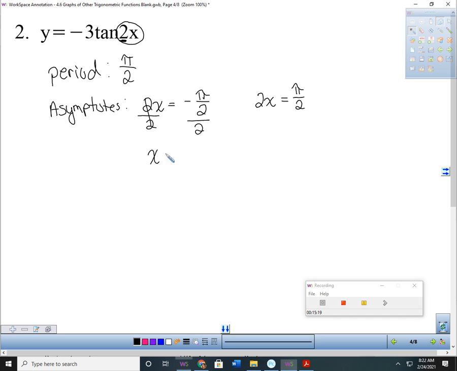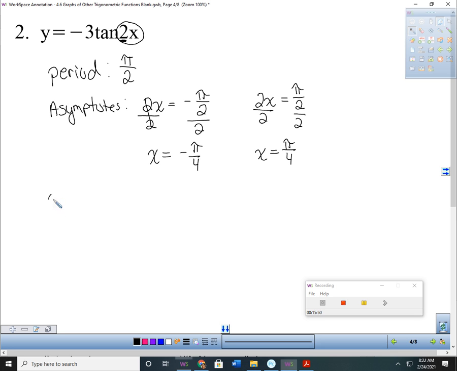So negative pi over 2 divided by 2 would be negative pi over 4. And then same thing over here, divide by the 2, and you get positive pi over 4. And I will point this out, until you start adding and subtracting numbers, this one will be a negative and this one will be a positive, and you'll be halfway in the middle. When you start adding and subtracting numbers and moving it left and right, then that shifts.